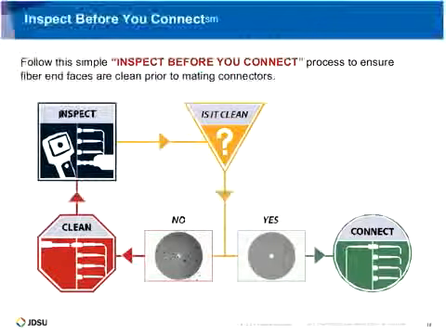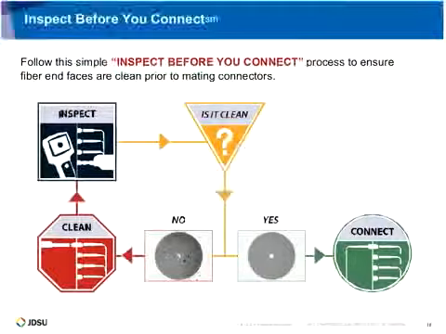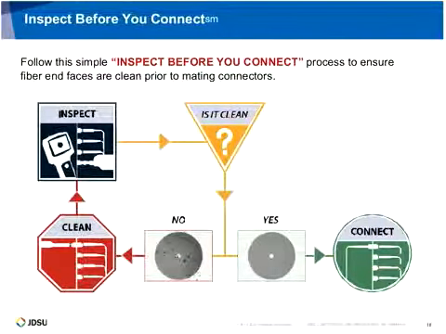You may have a clean connector already, so you don't want to unnecessarily run the risk of cleaning something and potentially damaging it or adding contamination to it if it's already clean. The other reason that this process highlights is that after you clean something, how do you know it's clean? You need to be able to check it after you've cleaned it to make sure that you removed the debris.